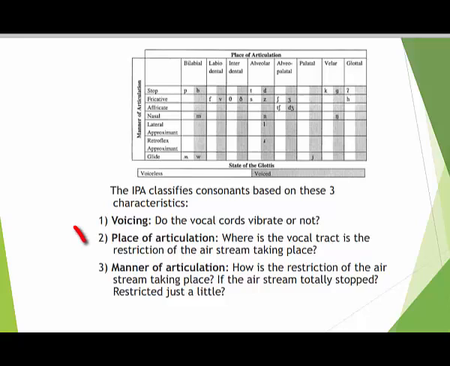The second is called the place of articulation, and this is just where in the vocal tract the restriction of the airstream is taking place. And finally, the manner of articulation. How is the restriction of the airstream taking place? Is the airstream totally stopped, or is it just restricted a little?